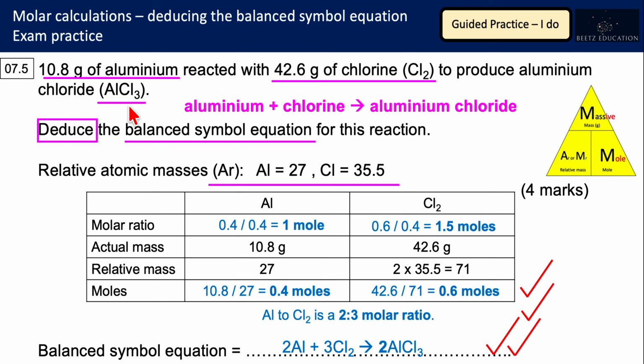Don't forget we were given the molecular formula for aluminium chloride, AlCl3, in the question, and then all I've had to do is balance this in the usual format by looking at how many atoms of aluminium and how many atoms of chlorine I have in my reactants and making sure that I've got the same in my one and only product, aluminium chloride. 2 atoms of aluminium and 2 times 3 is 6 atoms of chlorine.